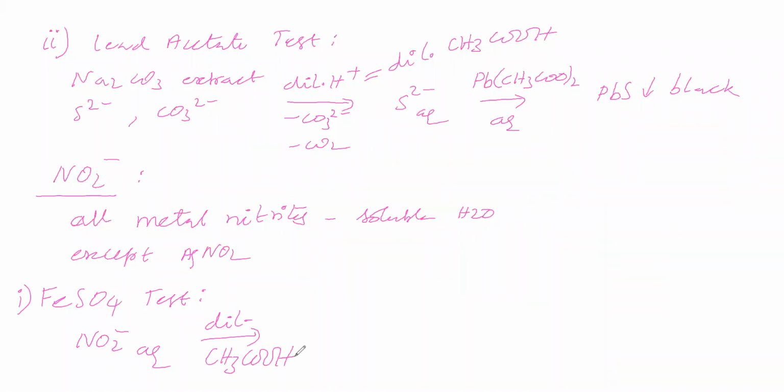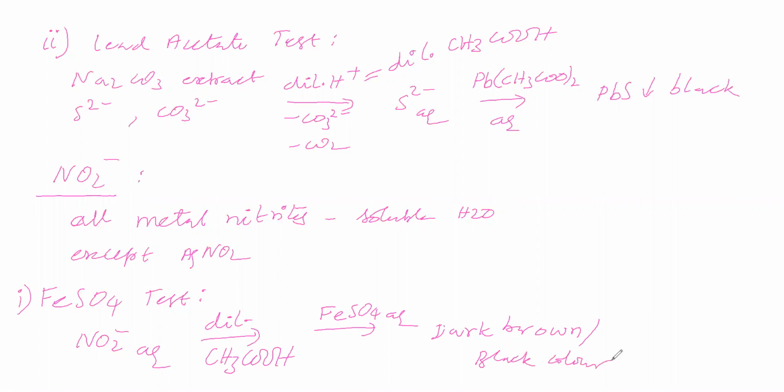We do not add dilute HCl, dilute H2SO4 or dilute nitric acid. Then we add a ferrous sulfate solution. We get a dark brown, otherwise black, colored solution.